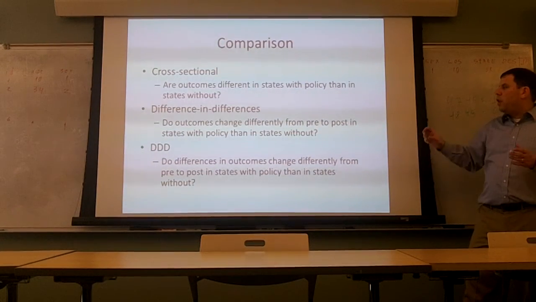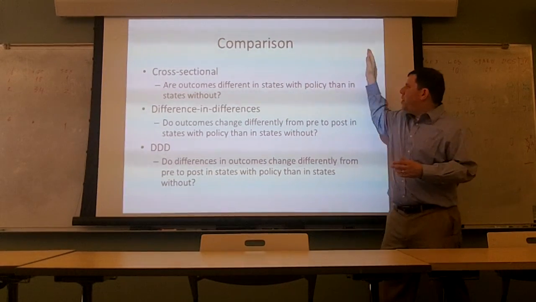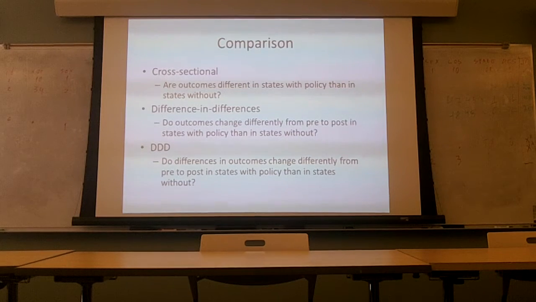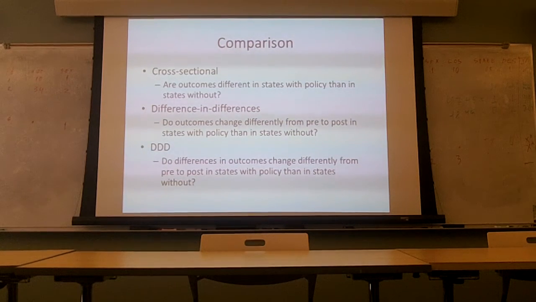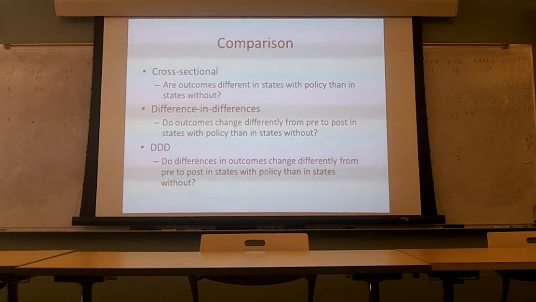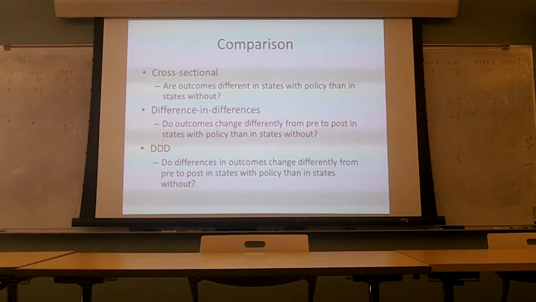The general question is, so first we have levels of outcomes in state A versus state B. Maybe I should try and go back to the board. So we have treatment and control. We have outcome, and we have change in outcome. So we're comparing.